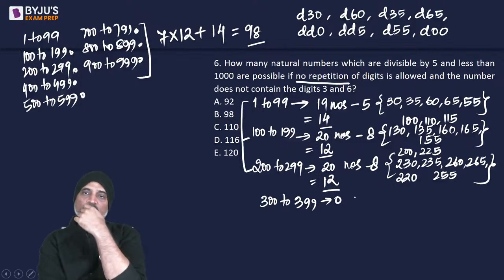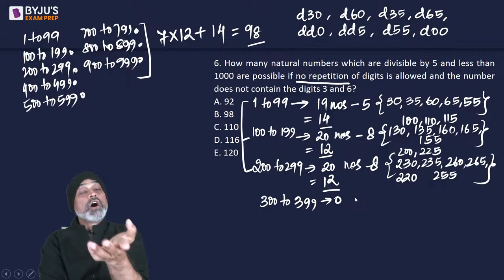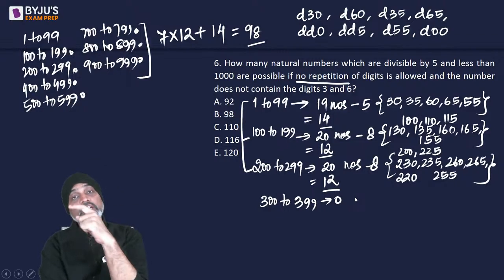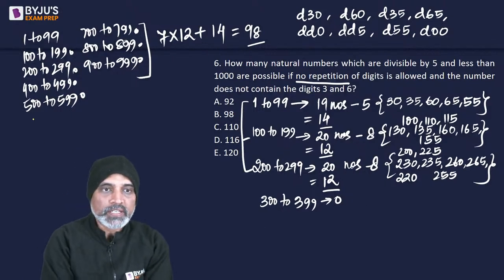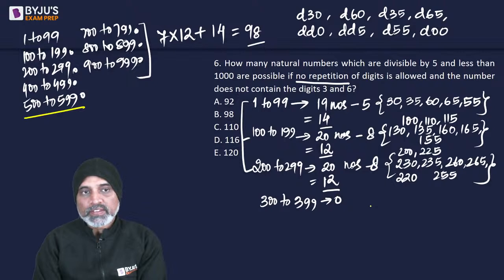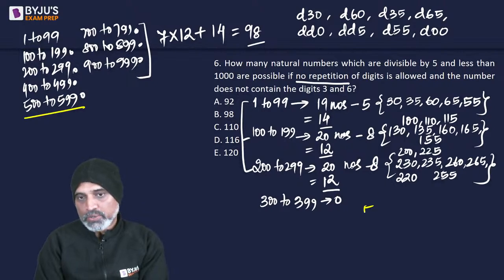Should we look into 5? In 500s, actually there will be a lot more. So if we look into 500s wala case, see, 500 is excluded, right?